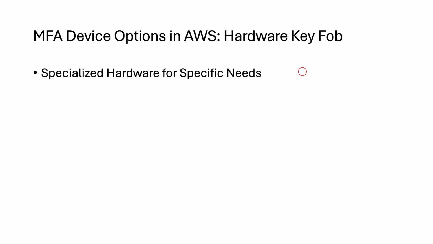Like the security key we discussed in the previous slide, that is the universal second factor key or YubiKey, you have to plug it into a computer and it will generate a code. But this one is a separate hardware device which will generate a code on its own. You don't need to plug it in, but it will generate a code every time.